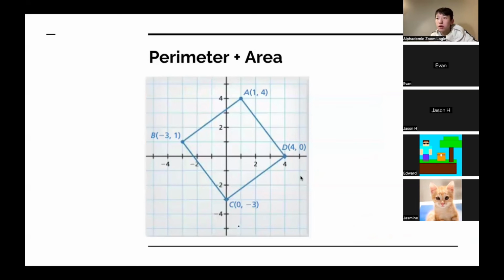Okay. So now we are going to talk about perimeter and area. For starters, guys, can you find the lengths of all the sides? We'll just call this side X, side Y, side Z, and side W. Can you guys find the lengths of the sides for me?